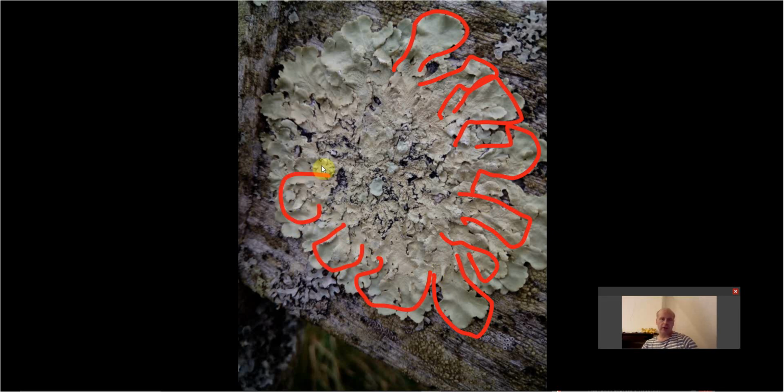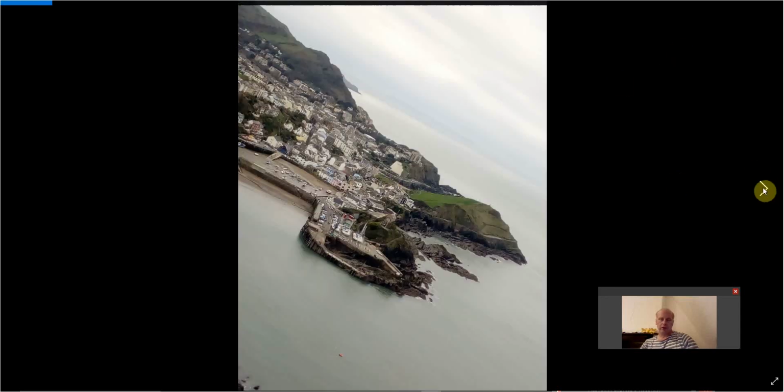This organic lichen is really good for giving me ideas for organic architecture. If I want to include organic kinds of architecture in my environment, then this is quite good. So let's close that one without saving and go on to the next one.